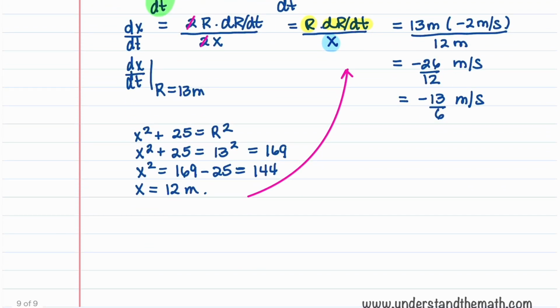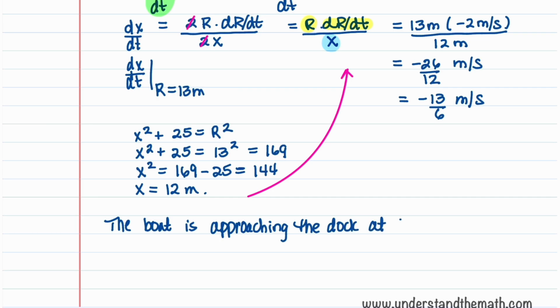And we can write our answer and we can say that the boat is approaching the dock at 13 over 6 meters per second. And let's go ahead and highlight that answer.